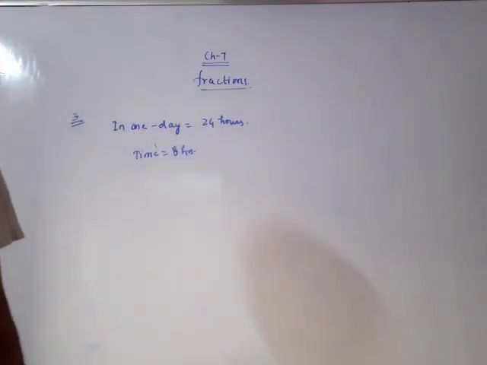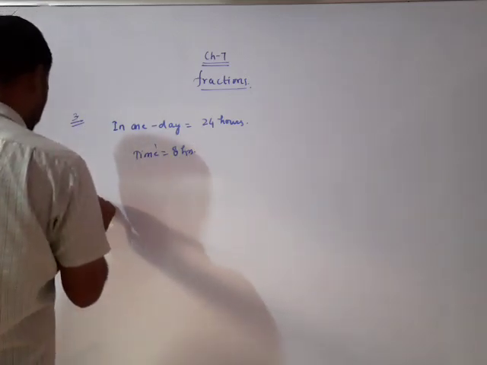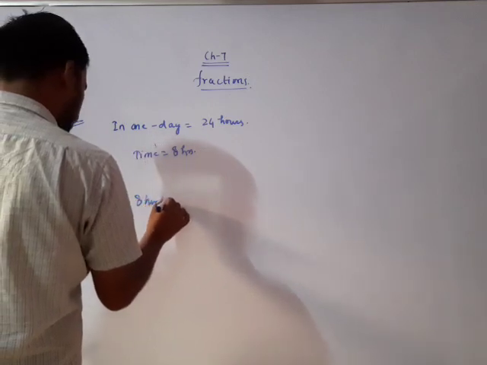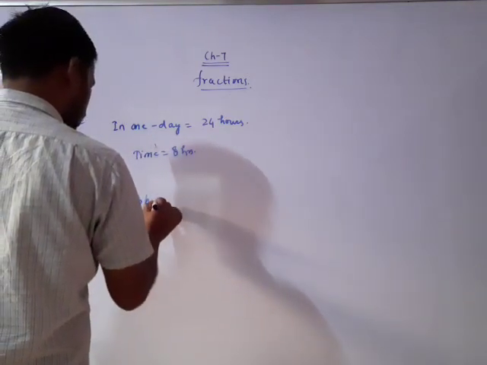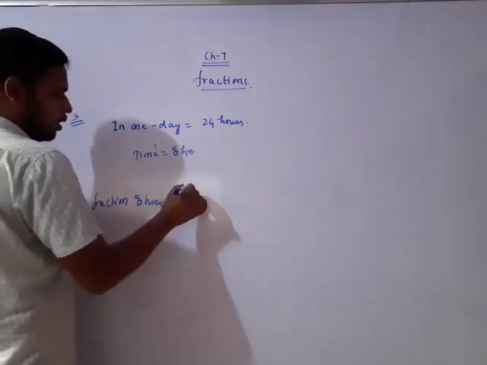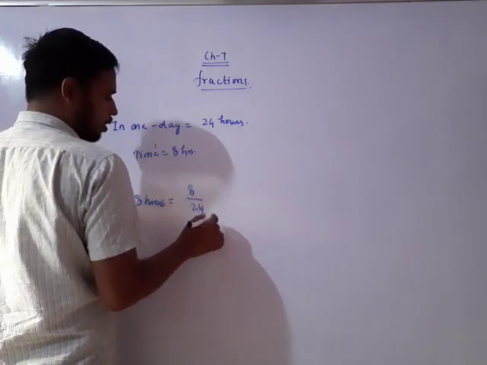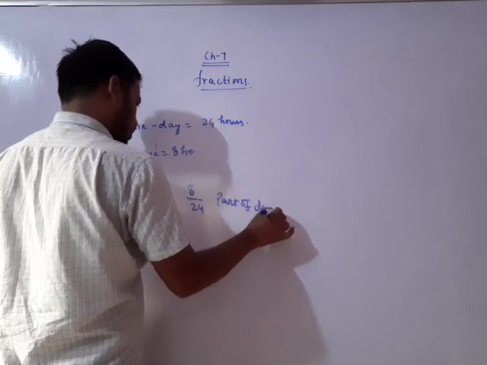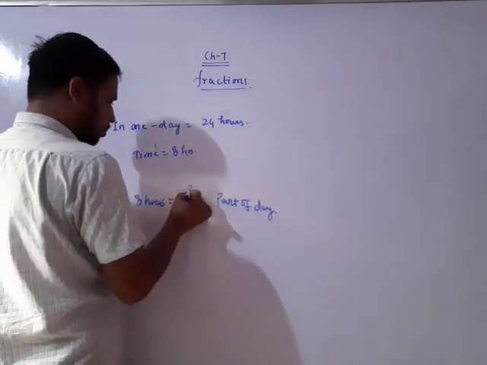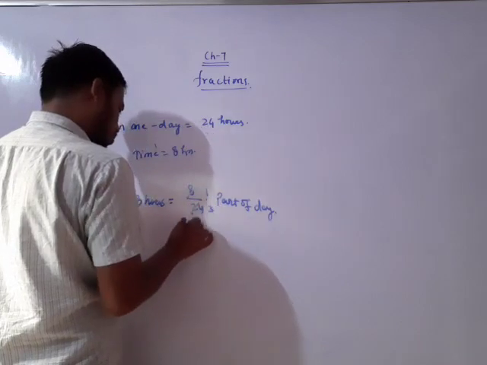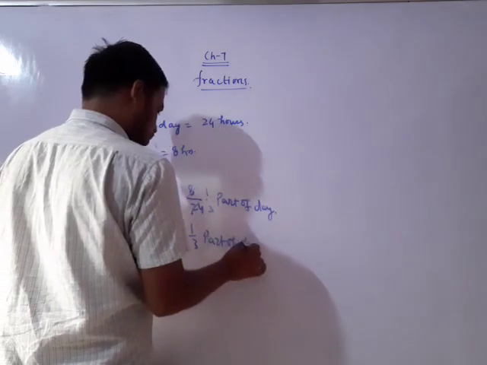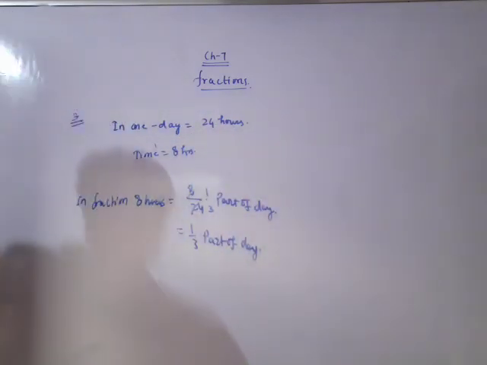Understood? Now in fraction, 8 hours will be 8 upon 24 part of a day, which is 1 upon 3 part of the day.